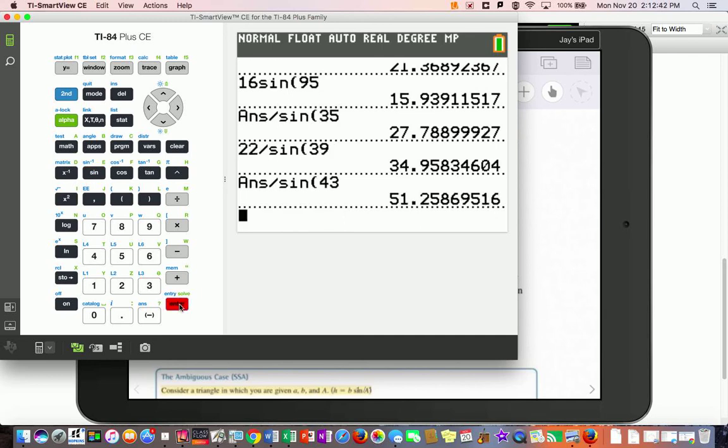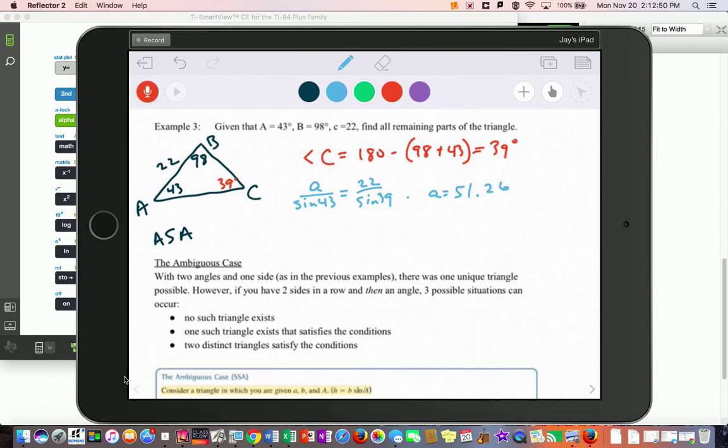So I'm getting 51.26. And then I can find, what do we need? Little b over the sine of 98 is equal to, let's do 22 over the sine of 39 again.